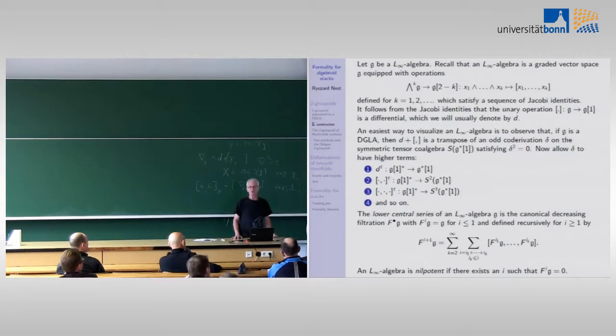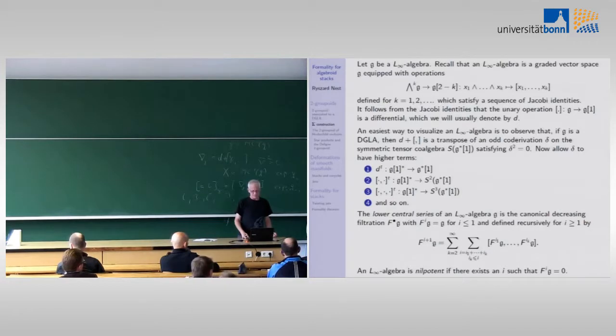Effectively it means that you have a bunch of brackets: a standard bracket between two elements, then a bracket between three elements, and so on.